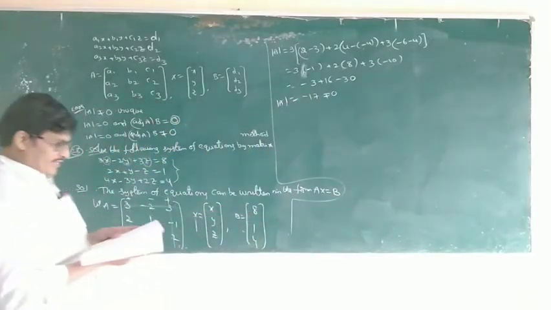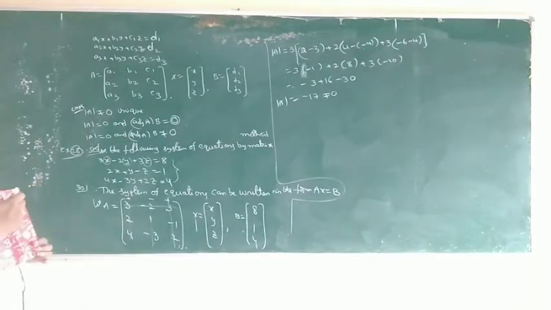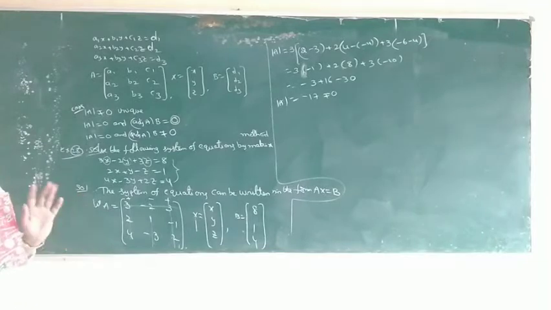Minus 17 not equal to 0. Determinant of A not equal to 0 means this is consistent or inconsistent? Consistent, unique solution.